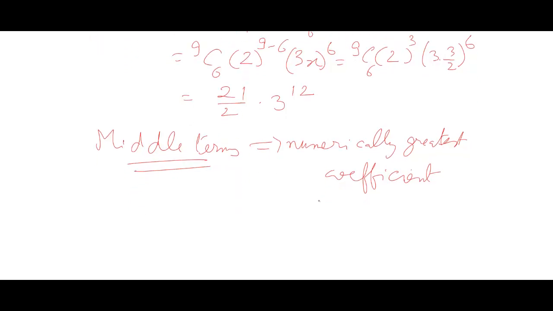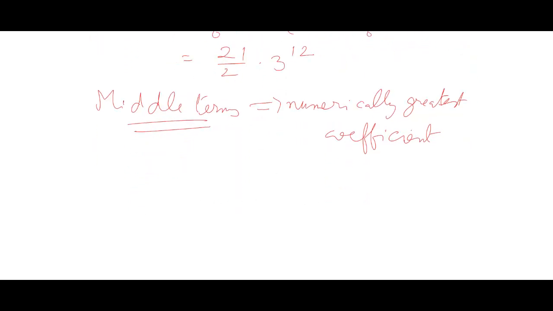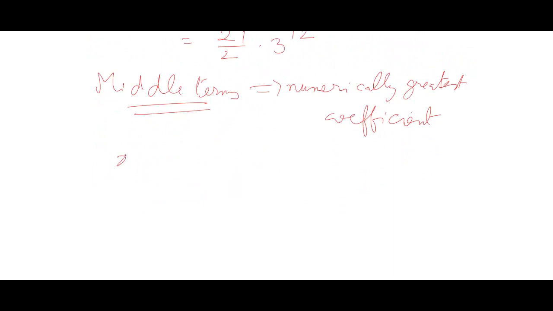If we have a binomial expansion (x + y)^n and n is even, then the numerically greatest coefficient will be the coefficient of t_(n/2 + 1), which in this case will be nC(n/2).